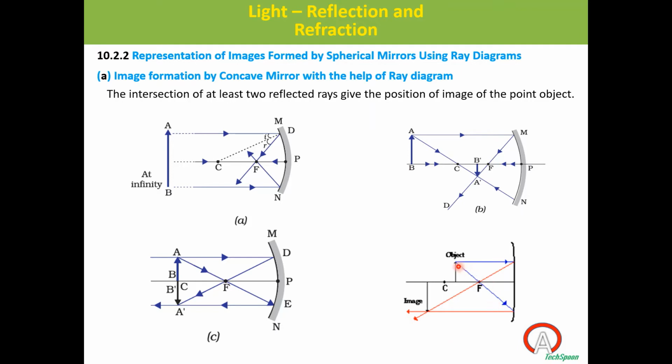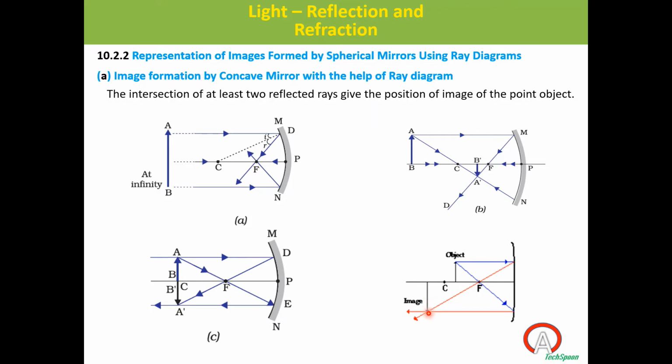For the second reflected ray, you can select any ray, right? If a ray passes through this, you will not get a reflected ray. If I draw like this, it will go like this, so it will not be incident on the mirror. So you have to consider the ray in such a way that it hits the mirror, reflects back and intersects with the first reflected ray.